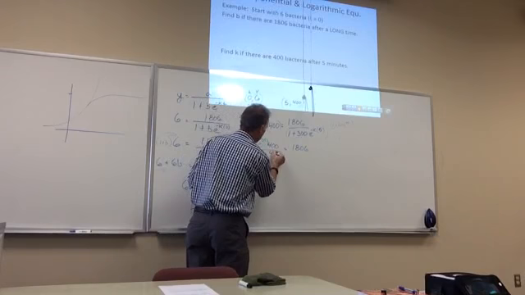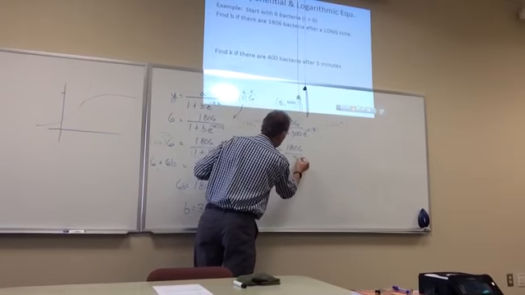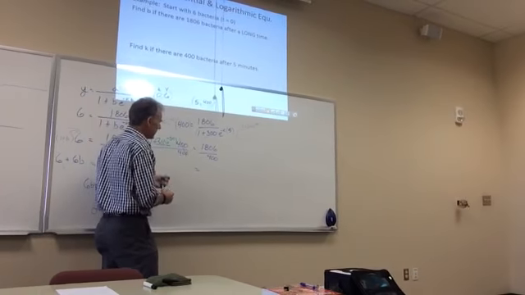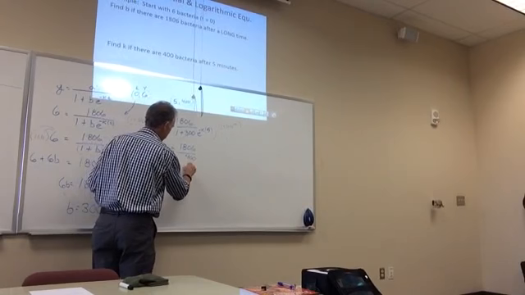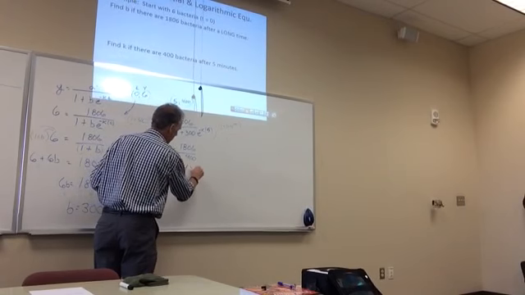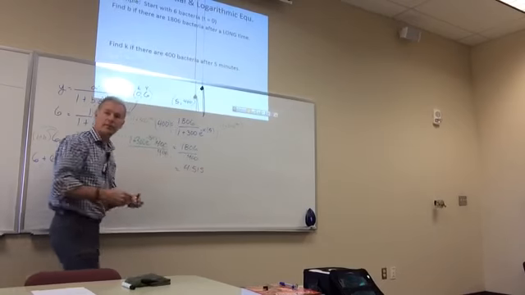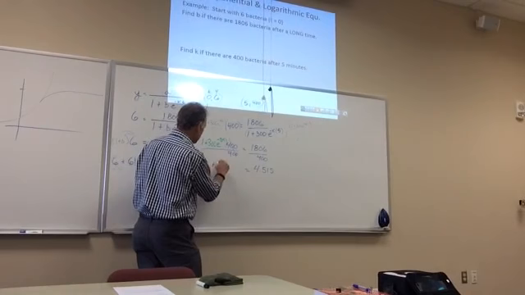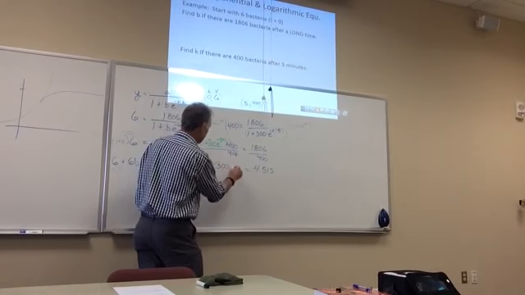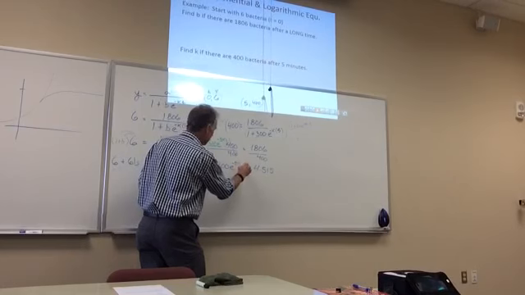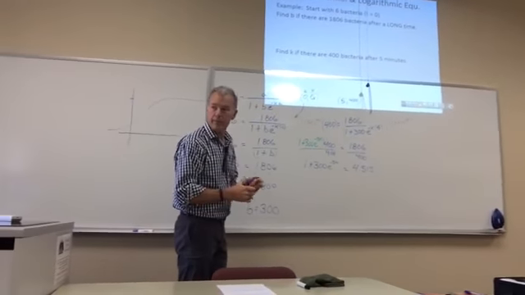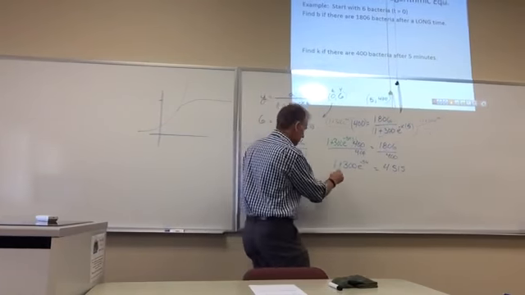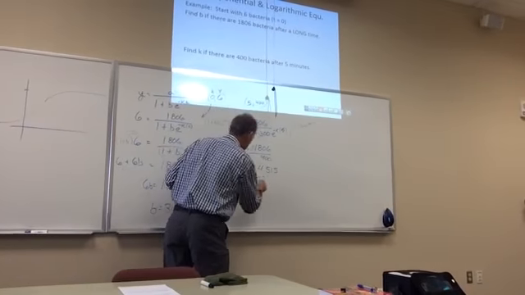So yeah, let's divide by the 400 then. So that will go away. And what's that come up to be? 515? Okay, thank you. And on the left side, then we have 1 plus 300 e to the negative 5k. Good so far? And then, of course, we'll subtract the 1.